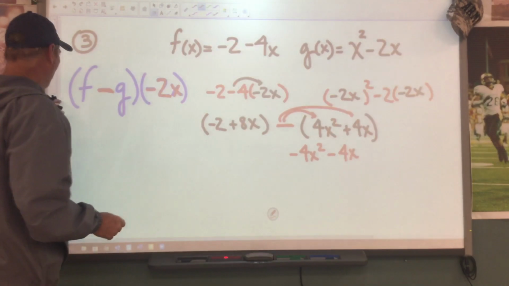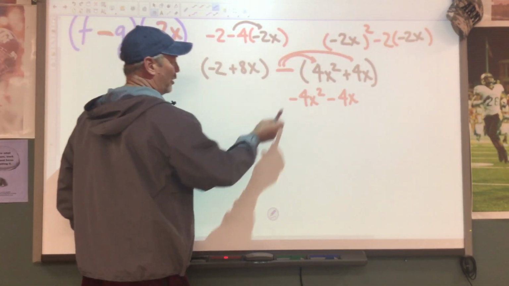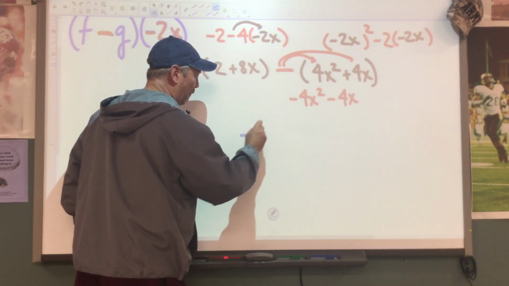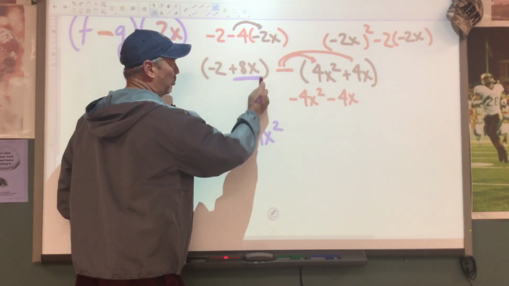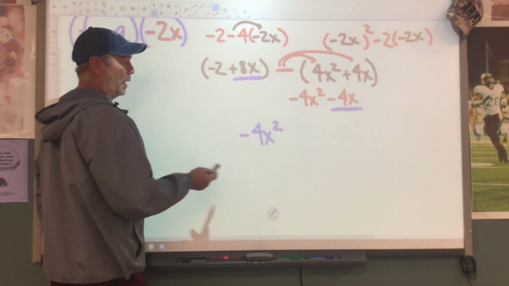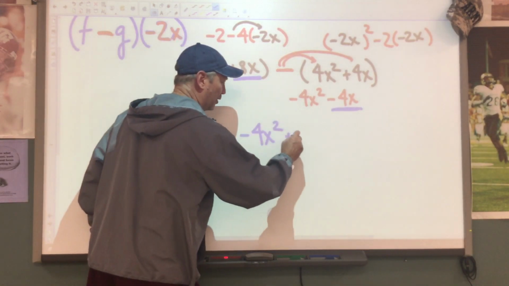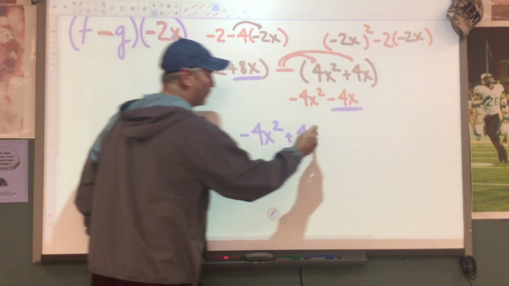Let me move this just a little bit. So now we're going to combine like terms. When I combine like terms, I'm going to get a negative 4x squared. Look at these like terms. I have a plus 8x. I have a minus 4x. When I combine those, I end up with a plus 4x. And I still have the minus 2.